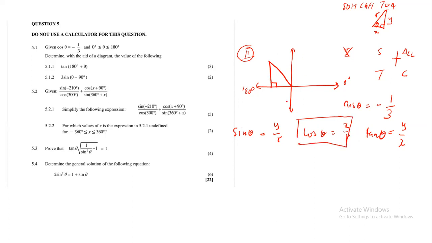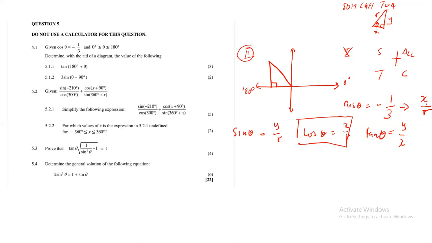After drawing this diagram, we are given that cos theta is equal to -1/3. So in this case, our x will correspond with the value of 1, and our r will correspond with the value of 3. For a fact that cos theta is negative, which value will be negative between these two, 1 and 3? 3 will always be positive since it is our hypotenuse.